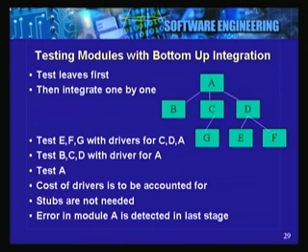Otherwise, for all the modules, when you are coming from the bottom upwards, you need drivers for all the upper layers. So mainly you are going to account for the cost of drivers, and stubs are not needed when you have bottom up integration. Error in module A gets detected in the last stage because you reach the main control in the software only at the end.